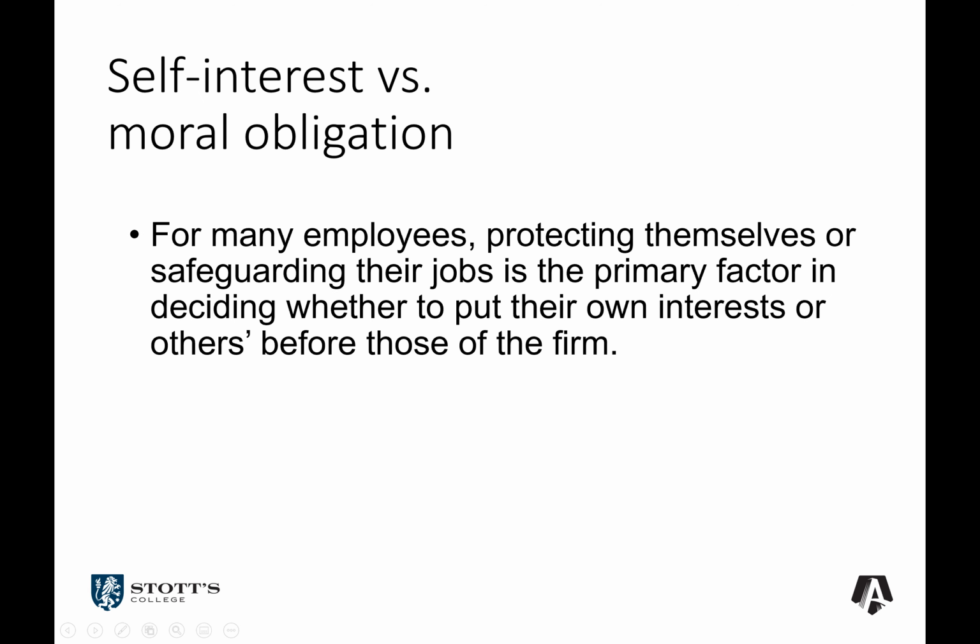For many employees, self-interest and moral obligation creates a conflict. For many employees, protecting themselves or safeguarding their jobs is the primary factor in determining whether their own interests or the interests of others should be put before those of the firm.